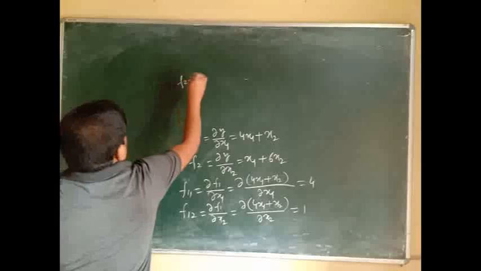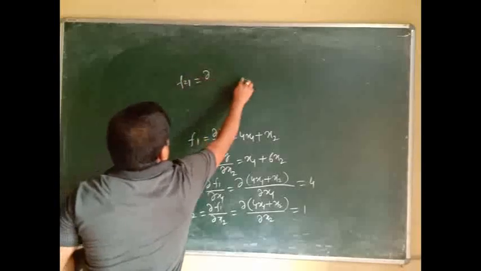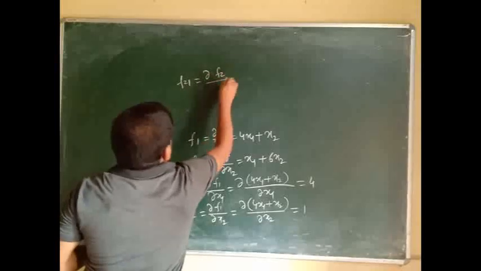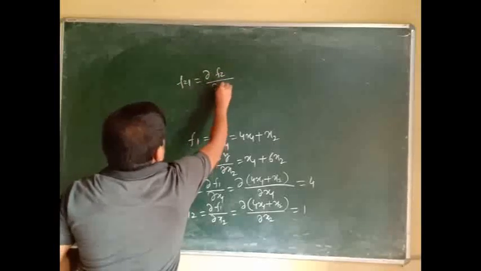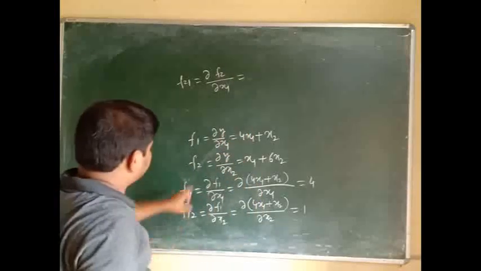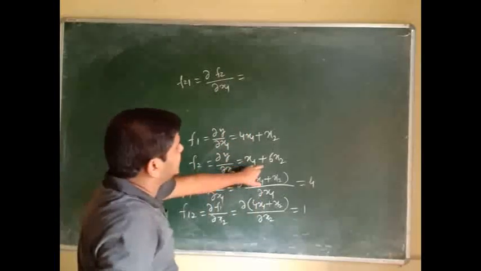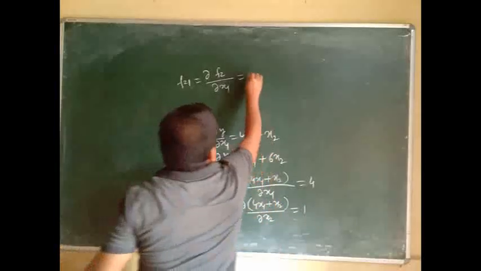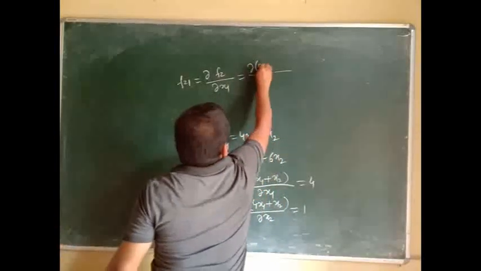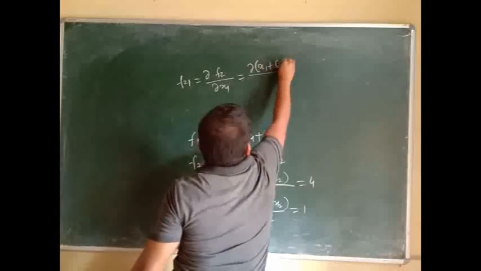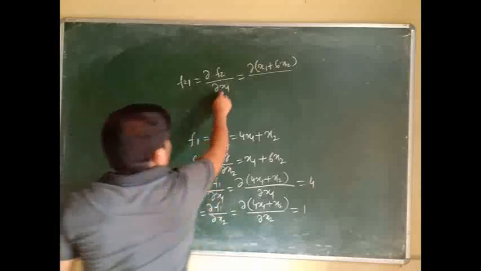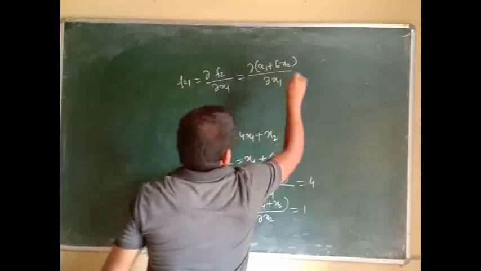Now f21 is equal to del f2 with respect to del x1. So what is our f2? Our f2 is x1 plus 6x2, and it will be differentiated with respect to x1.